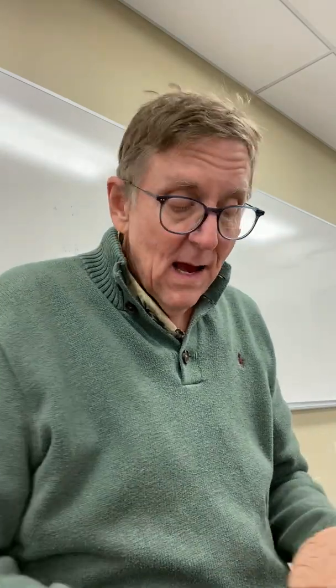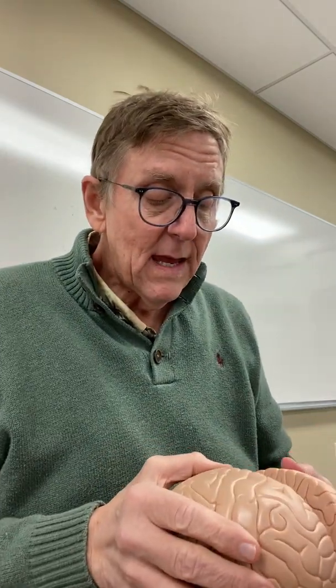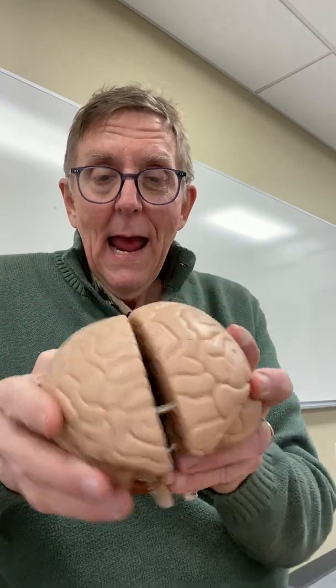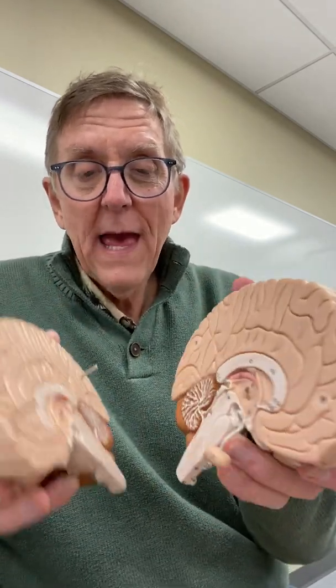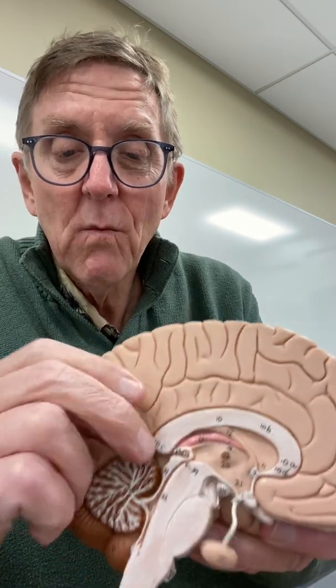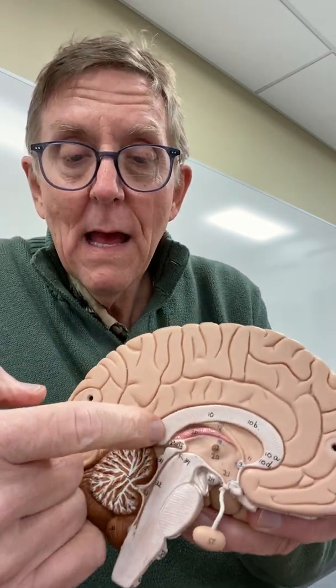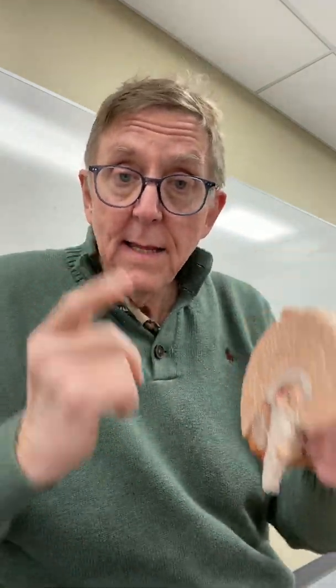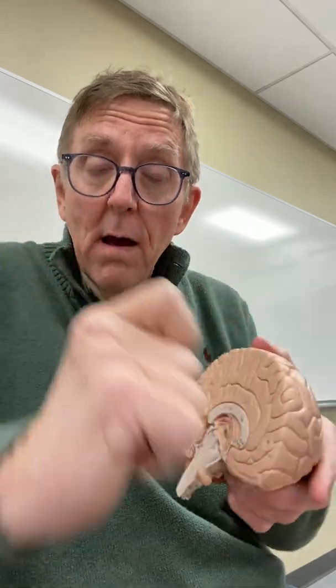Now, we all know that we have a left side of our brain and a right side of our brain, right? And we have this structure right here in the middle. You see that right there? That is a pathway connecting the left and the right sides of your brain together. And that is called the corpus callosum.